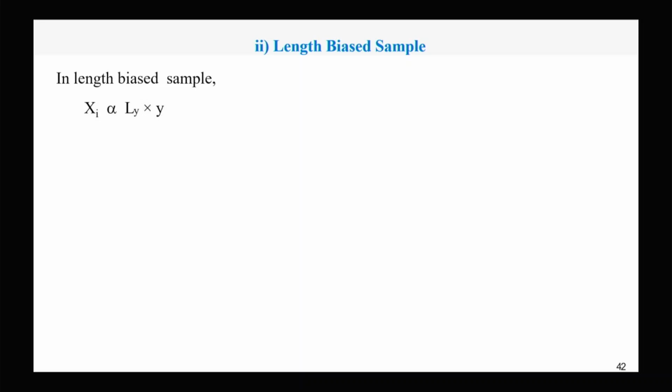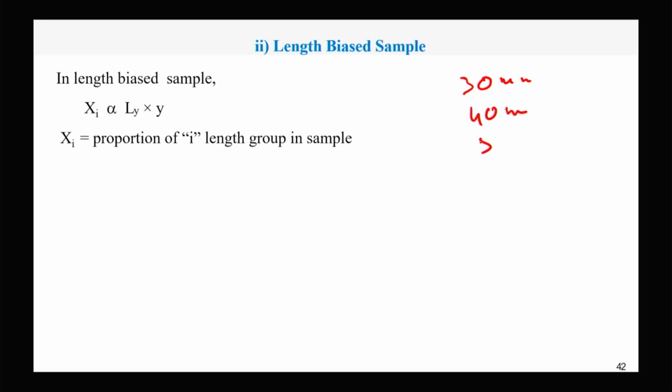There, consider the proportion of fibers in the group of sample, say fibers of 30 millimeter, 40 millimeter and 50 millimeter. So these fibers are mixed as 1:1:1. Equal proportion of fibers are there.